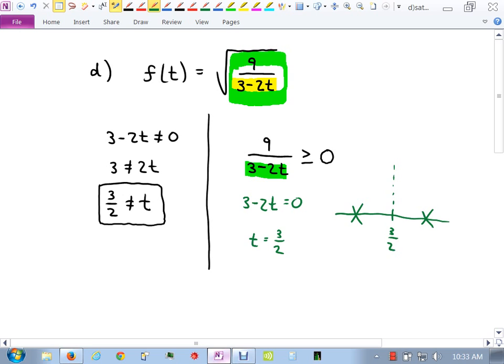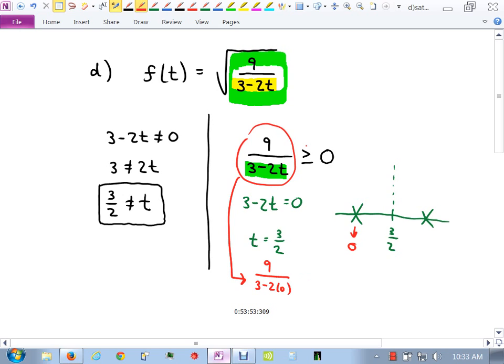And the thing about 0 is that if I plug 0 into this expression right here, I get 9 over, what? 3 minus 2 times 0, which is 9 over 3, which is 3, right?